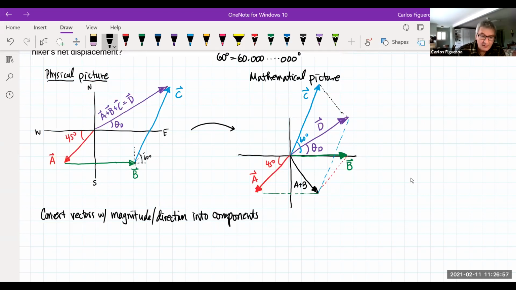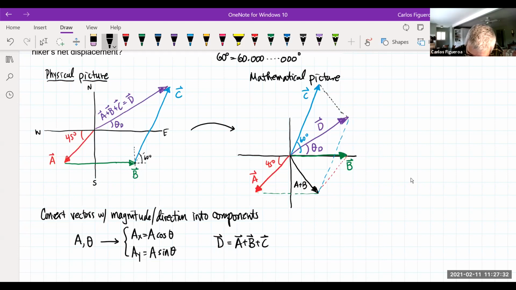We're starting with the magnitude and an angle, and I need to make them into components. So I get AX equals A cosine of theta, and AY equals A sine of theta. Once I get the X's and the Y's, when I form the vector D, I'm going to have A plus B plus C, which means I have DX, DY.